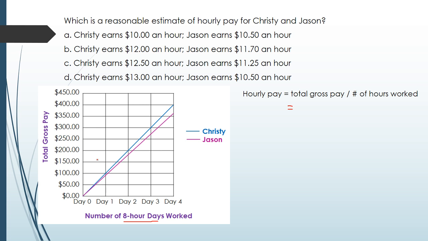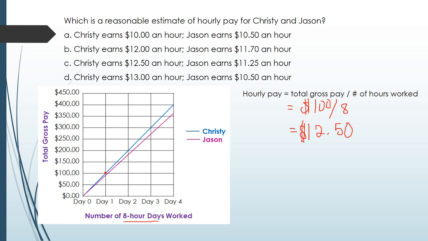Divide that by 8 hours, because remember, after day 1, we would have worked for 8 hours. Type that into the calculator. You should get an answer of 12.50. That means $12.50. So just by looking at the multiple choice, automatically we have a correct answer.